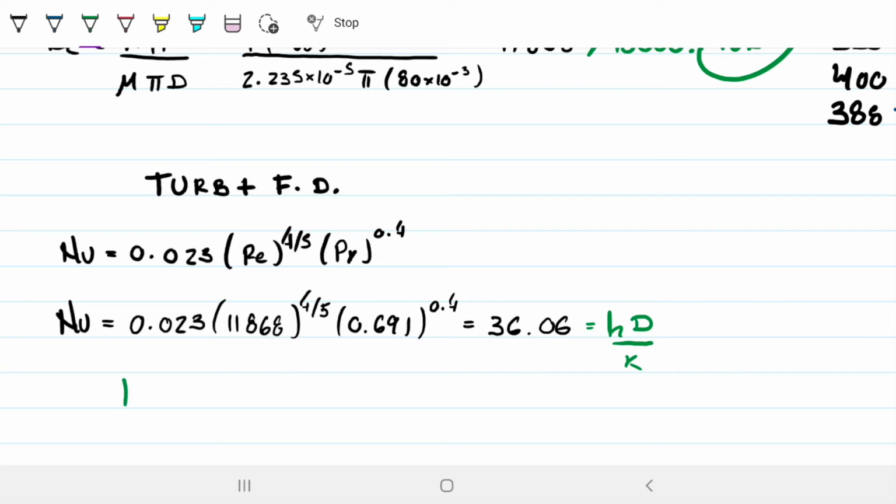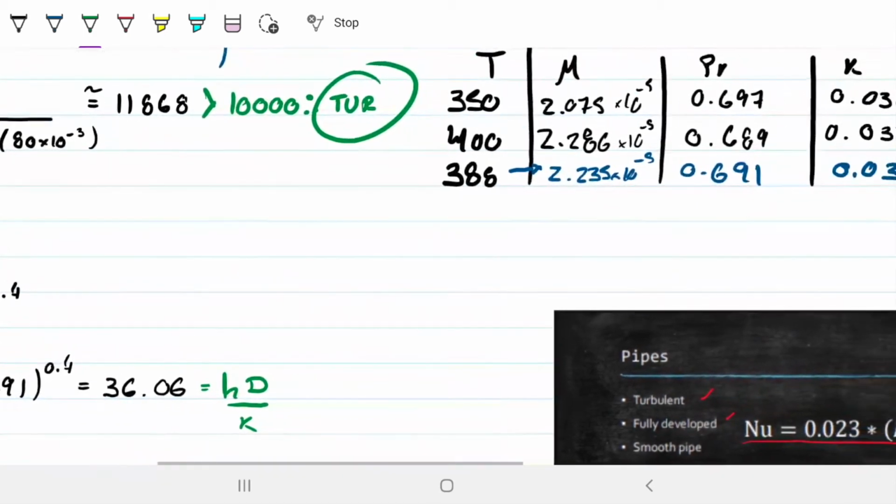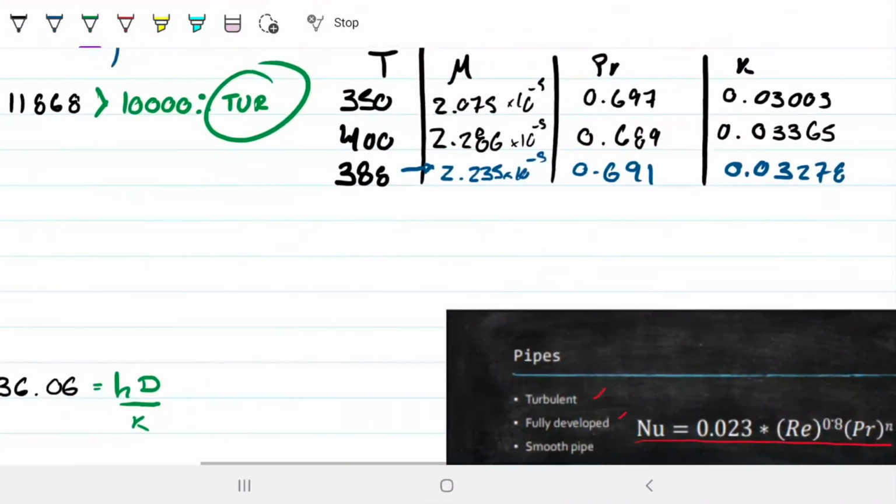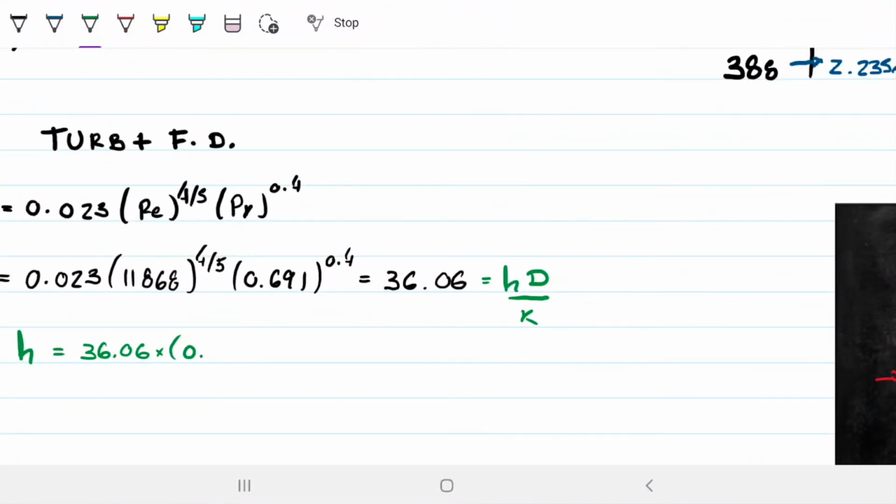Okay, so that means that if I want to find the convective coefficient for my situation, I'll multiply my Nusselt, 306, by my conductivity, which is 0.0327, and I'm dividing the whole thing by the diameter, which is 80 times 10 to the minus 3, to make sure our units end up as watts per meter squared per Kelvin. And this gave me 147.7.